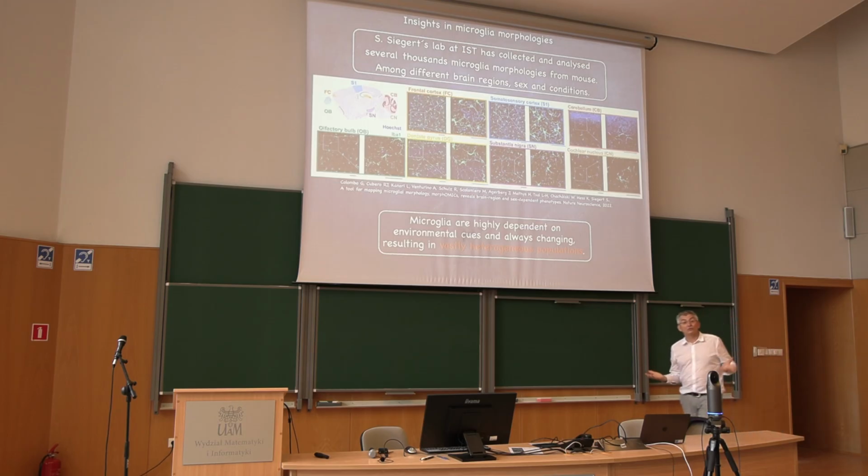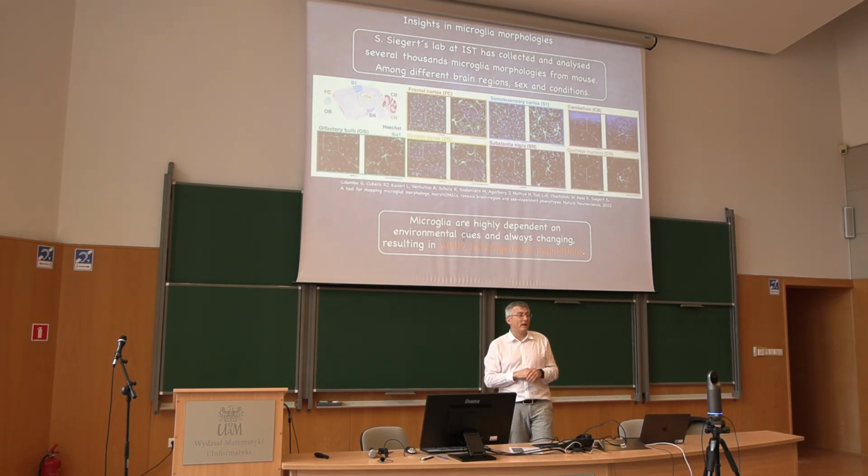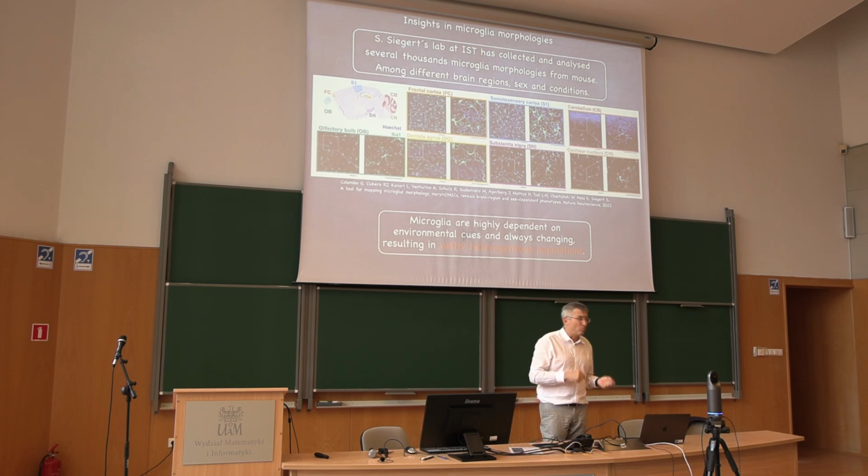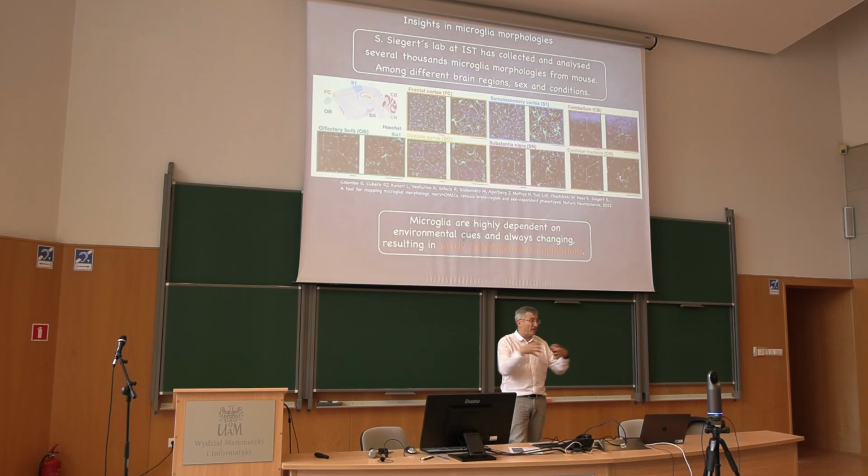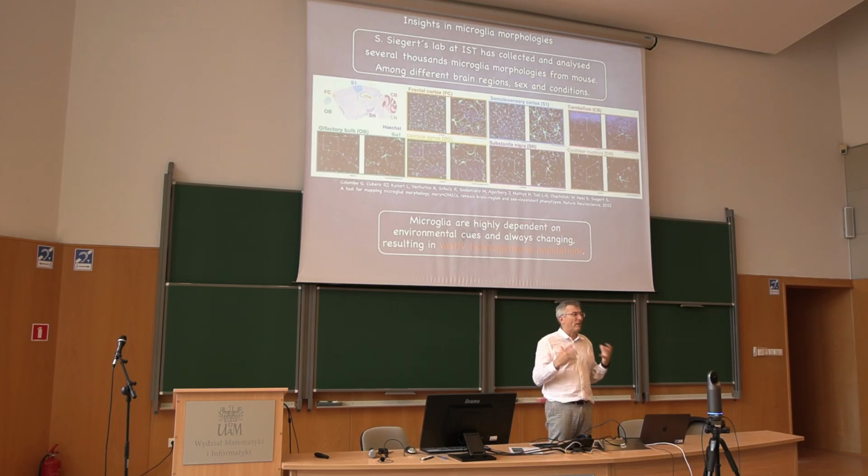And they had questions. For example, do microglia between males and females differ? Do microglia between different parts of the brain differ? And again, because they are very heterogeneous, it's not like individual, right? You have to do some averaging.